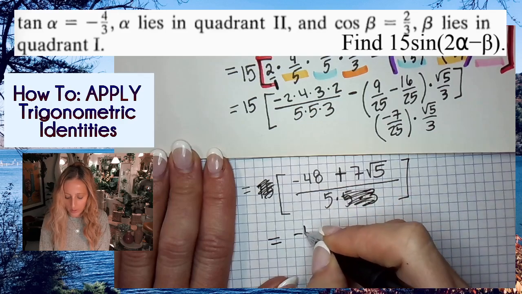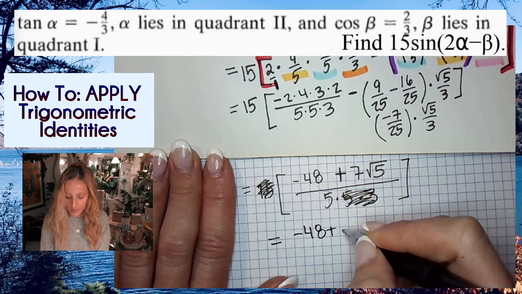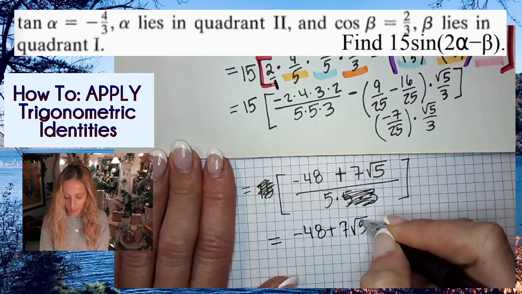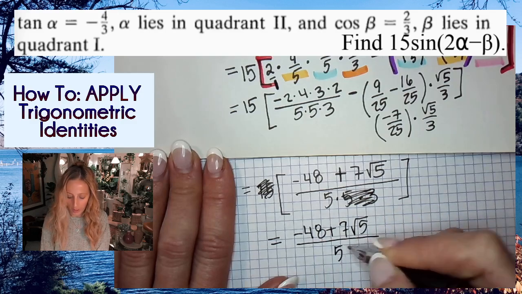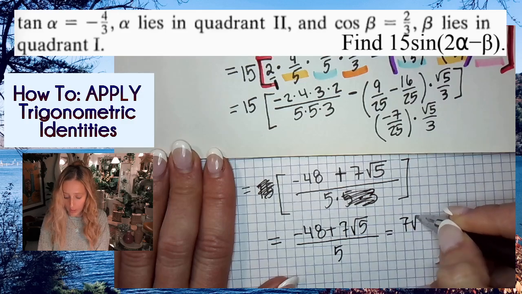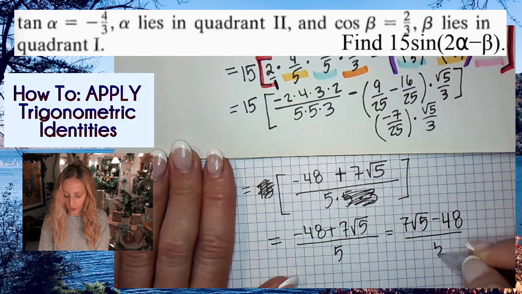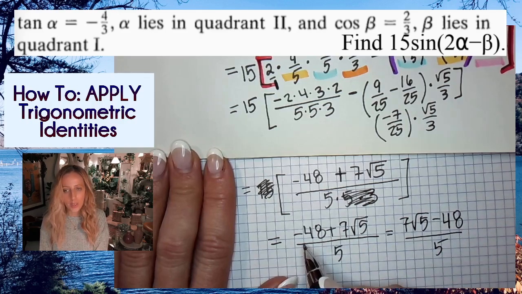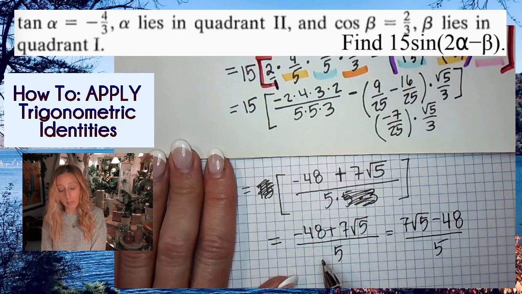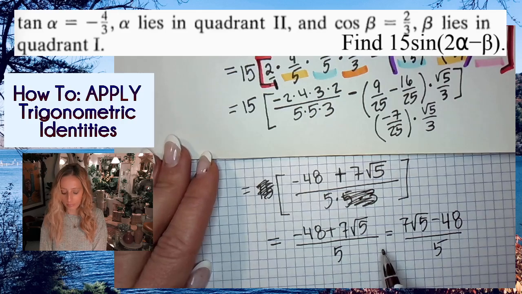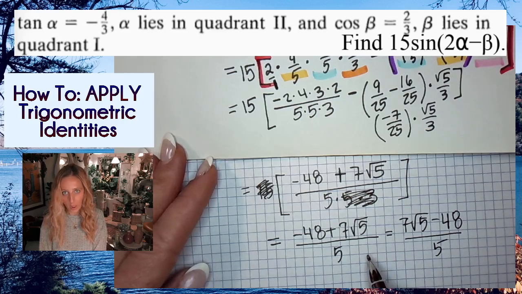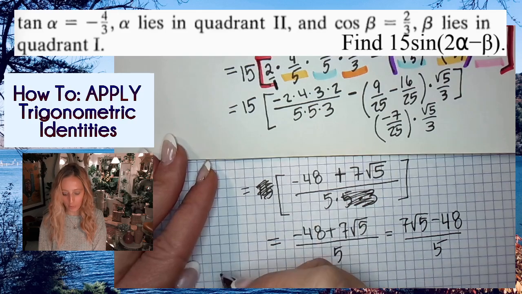So that equals negative 48 plus 7 root 5 over 5. Or turn it around, 7 root 5 minus 48 over 5. If you try to tell me it's just the same as 48 minus 7 root 5, do you not know 2 minus 3 and 3 minus 2 are two different answers?